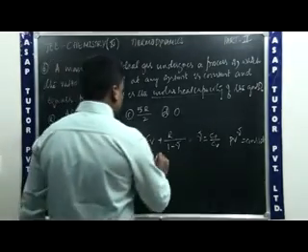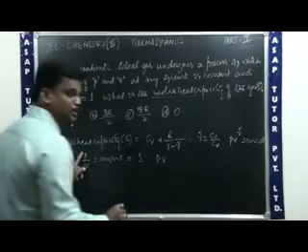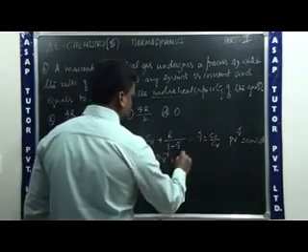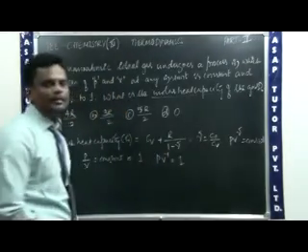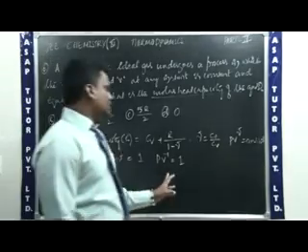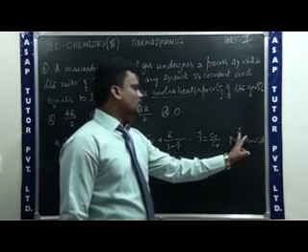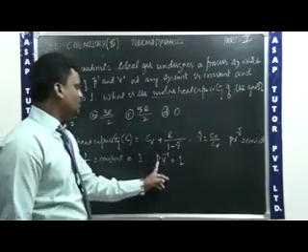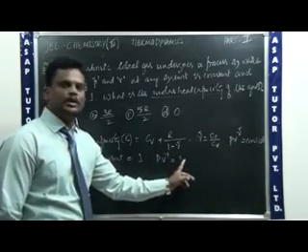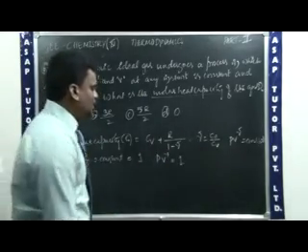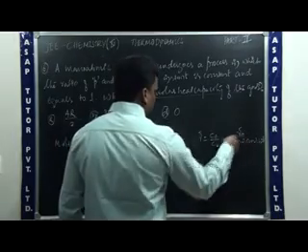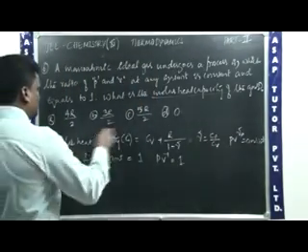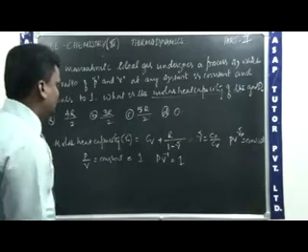Therefore, we can write PV to the power of minus 1 is equal to 1, or you can write constant. Comparing, the value of gamma is equal to minus 1.